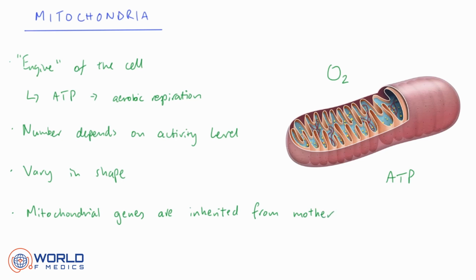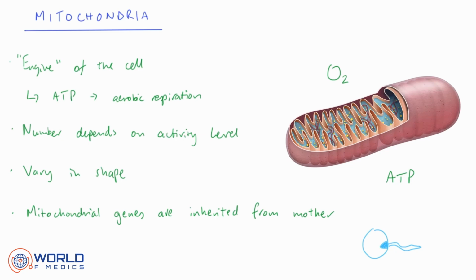So if we take another color and we draw an oocyte, so this is in the mother, and the sperm cell is over here, okay, so it looks a bit like a tadpole. And we can see from this diagram that it's only the head of the sperm cell which is penetrating and fertilizing the oocyte.